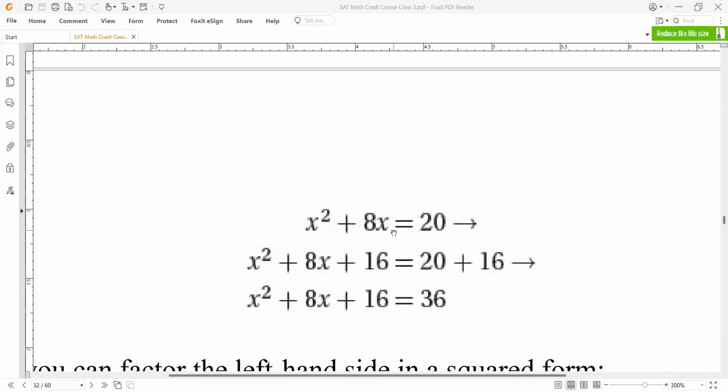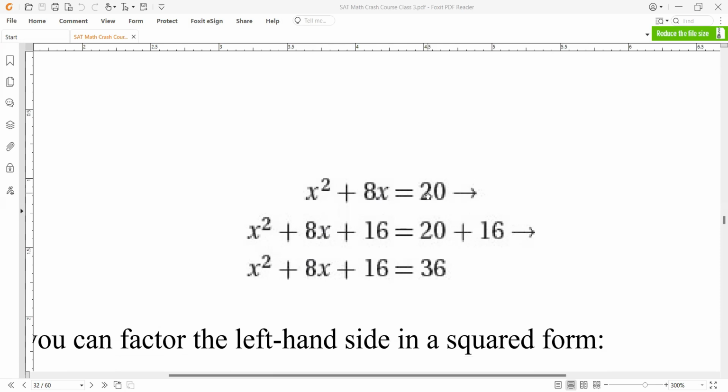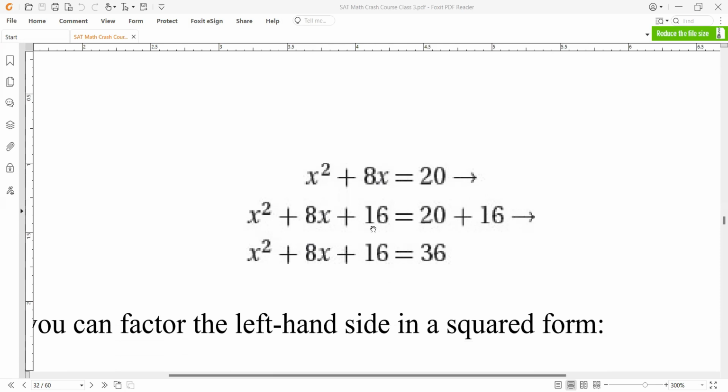This is our exact equation, what is given in the problem: x squared plus 8x equals 20. So if we are going to add plus 16 on this side, why are we adding plus 16 on both sides of the equation? Because we are highly interested to make the expression on the left side look like the a plus b whole squared formula.